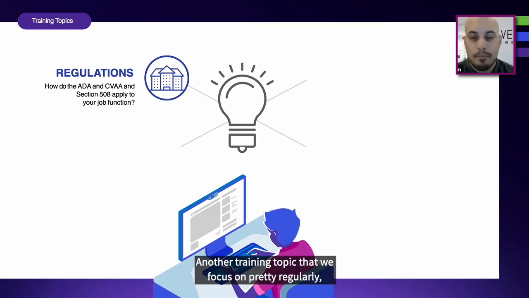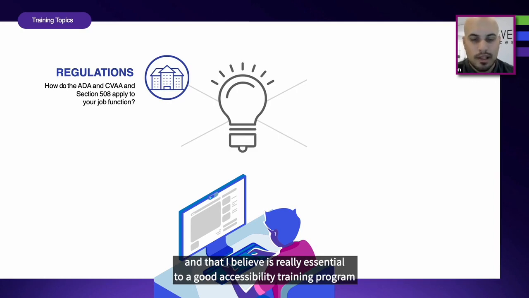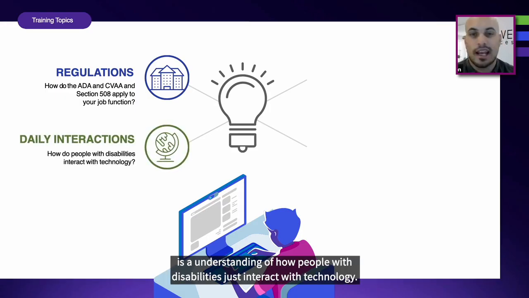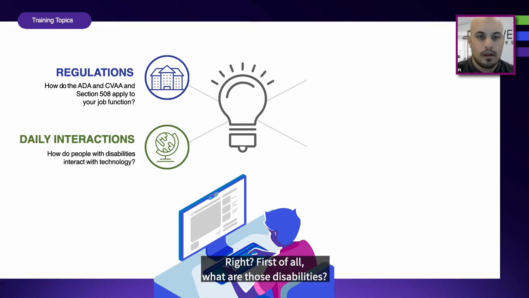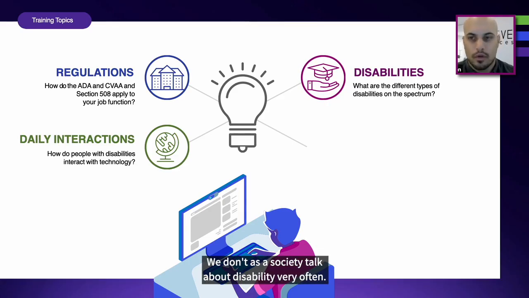Another training topic that we focus on pretty regularly and that I believe is really essential to a good accessibility training program is an understanding of how people with disabilities interact with technology, right? First of all, what are those disabilities? We don't, as a society, talk about disability very often.